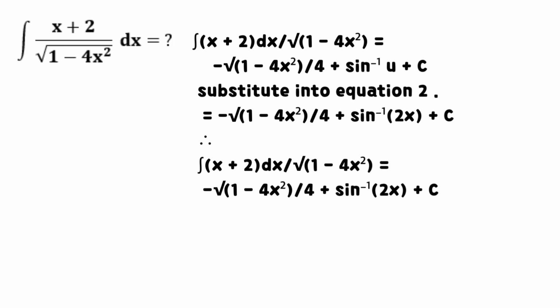We have the sum of negative the square root of 1 minus 4x², all divided by 4, and sine inverse of 2x plus c. Therefore, the integral of (x + 2) dx, all divided by the square root of 1 minus 4x², equals the sum of negative the square root of 1 minus 4x², all divided by 4, and sine inverse of 2x plus c.